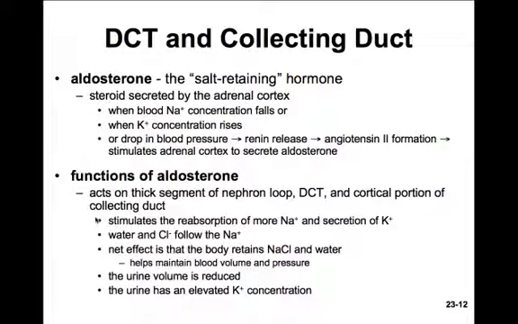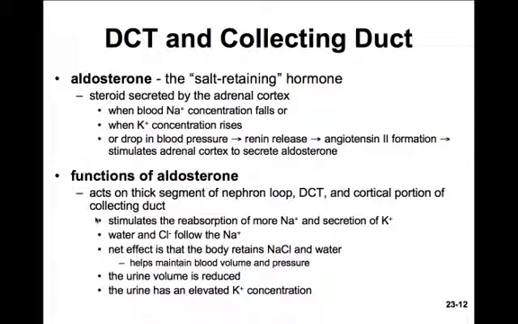So now let's examine the effects of these various hormones on the distal convoluted tubule and the collecting duct. We'll start out with aldosterone. Aldosterone is the salt-retaining hormone, and it's secreted by the adrenal cortex. It's the adrenal gland sitting right on top of the kidneys.